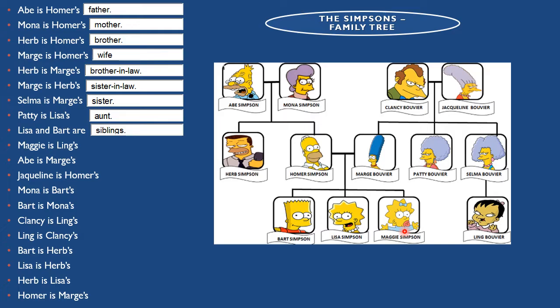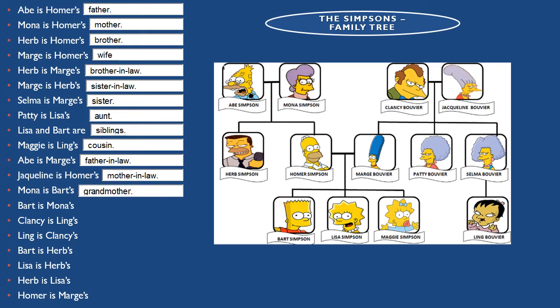Maggie is Lynn's cousin. Abe is Marge's father-in-law. Jacqueline is Homer's mother-in-law. Mona is Bart's grandmother.